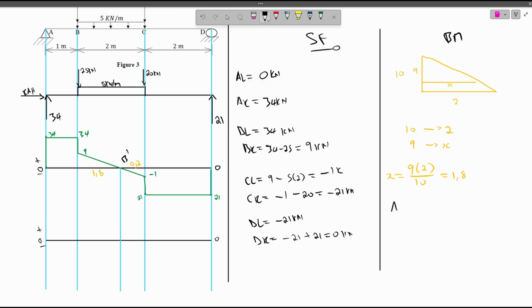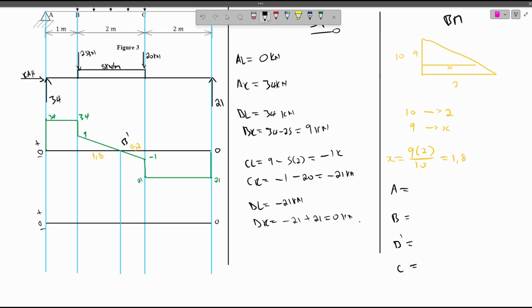Now let's start with our bending moment calculations. We have our A, B, B prime, C, and D. In bending moment, we use the areas of the shapes that we see here.